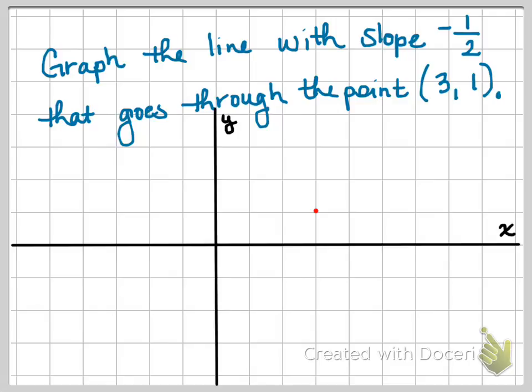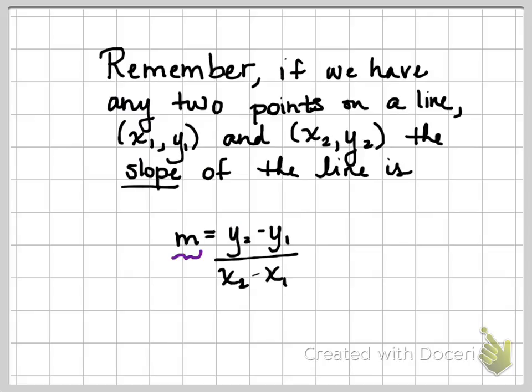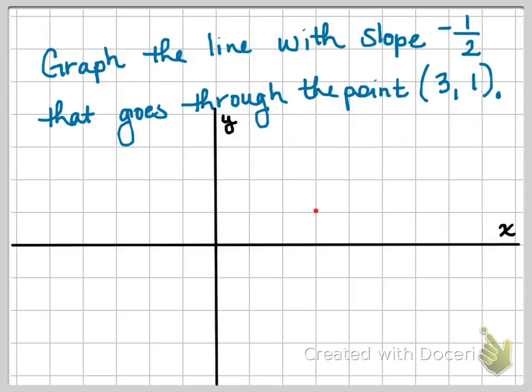If we go back and think about what the definition of slope is, it is how the y changes divided by how the x changes. So if our slope is -1/2, that means every time the y changes by -1, meaning the graph goes down 1, then the x value increases by 2. Every time the y value decreases by 1, the x value increases by 2.